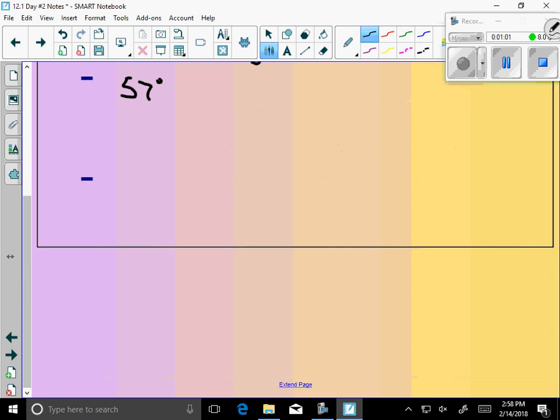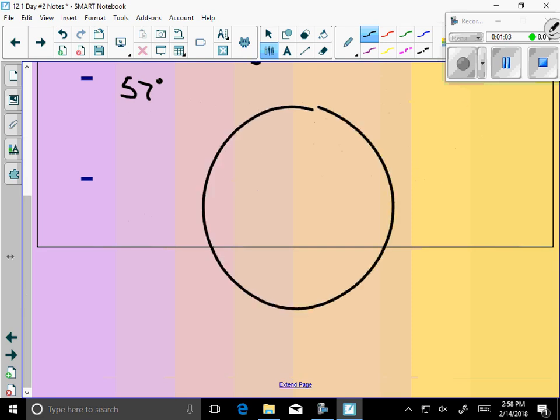So here's a circle. That's hand drawn, by the way. Here's a radius. So if I were to stretch that radius along the edge of the circle, same length, that would be called 1 radian.